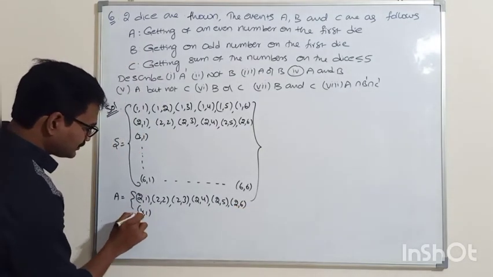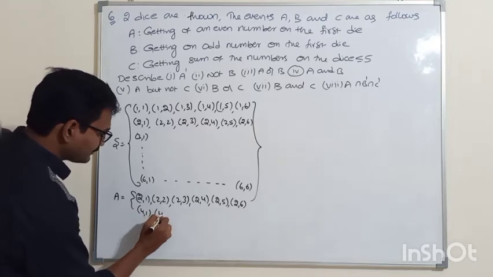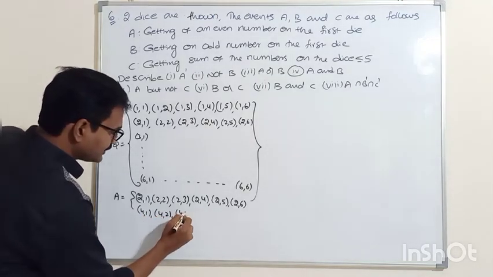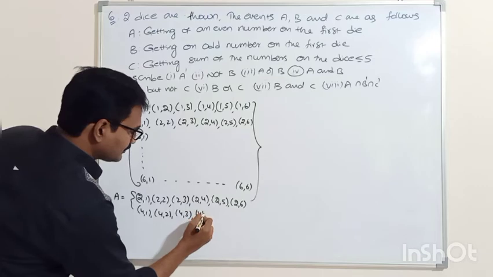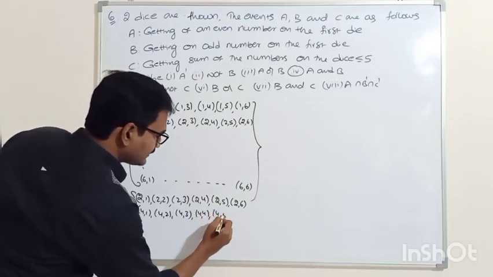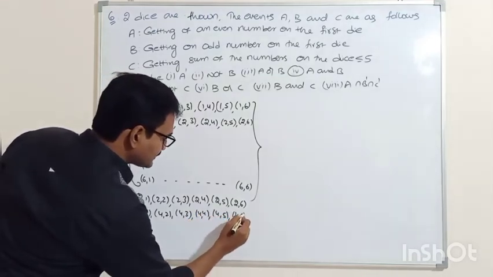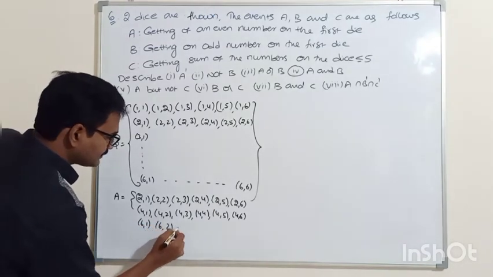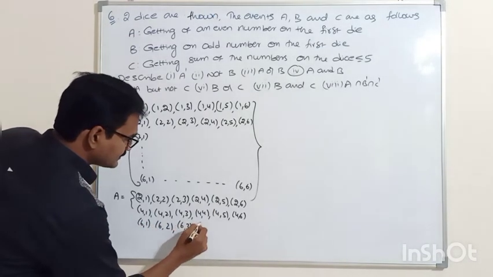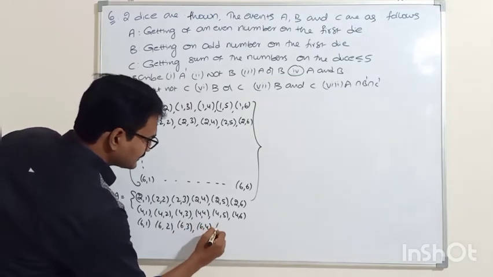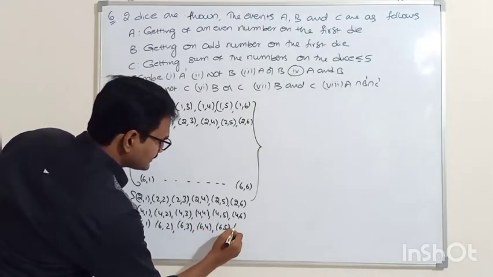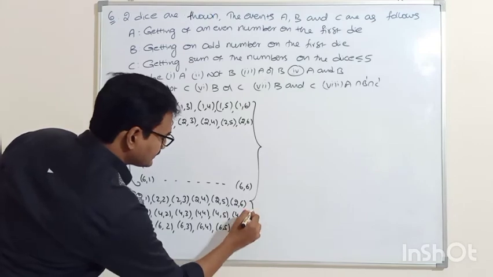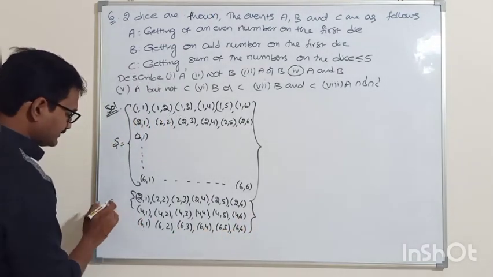See, first die should show an even number. 4,2, 4,3, 4,4, 4,5 and 4,6. Finally, 6,1, 6,2, 6,3, 6,4, 6,5 and 6,6. So this is set A.